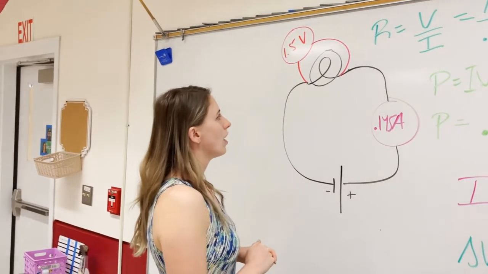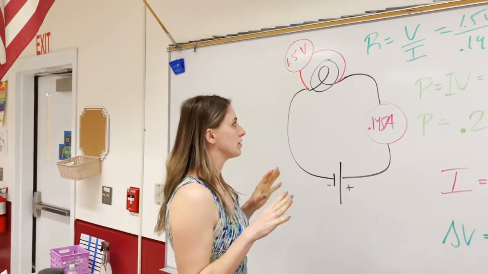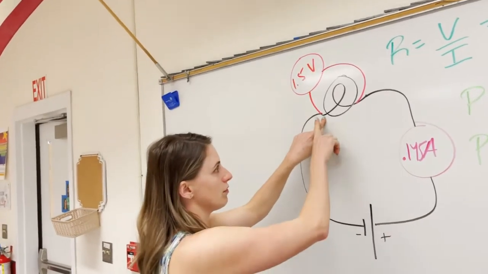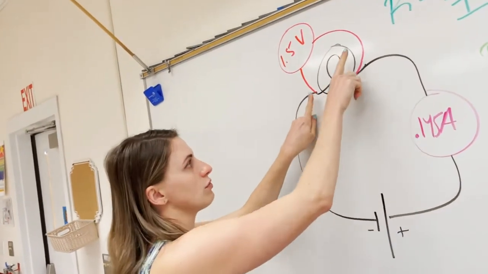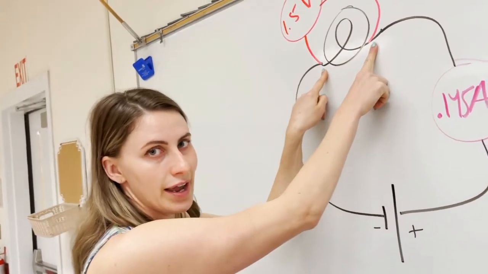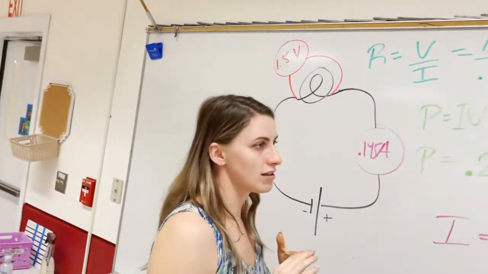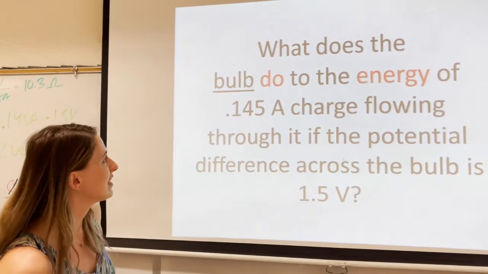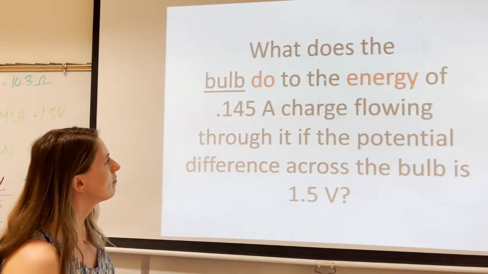It's super important: as the electrons move from here to here, we lose energy, but it doesn't just disappear. It gets changed into two other forms, heat and light.